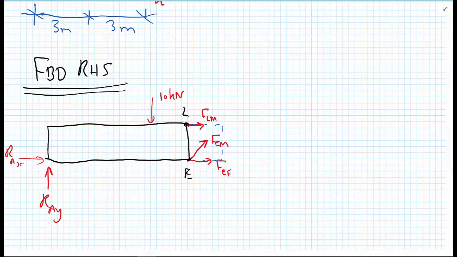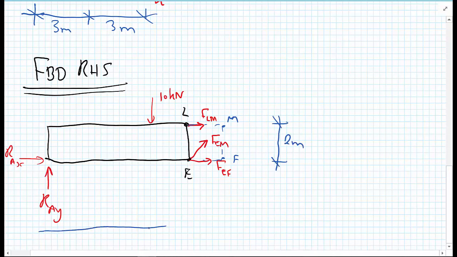So if it helps, sometimes you might want to put the M and F labels of the joints that no longer exist on the system. To complete the free body diagram, again, we need to add dimensions to the system. So we had 2 meters vertically, and horizontally we need the dimension going all the way to where the 10 kilonewtons was, which was 9 meters away from A, and then we had a further 3 meters before we reached the point E.